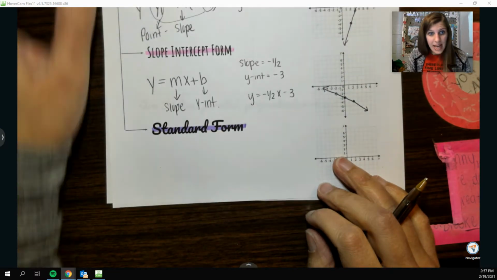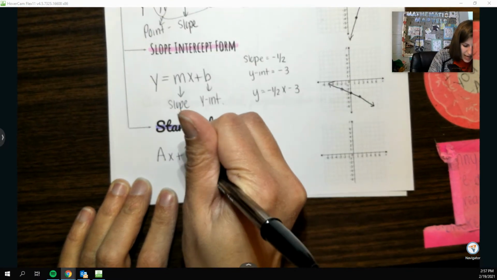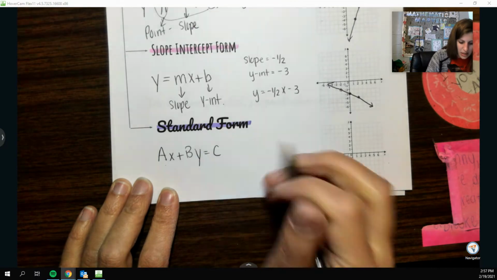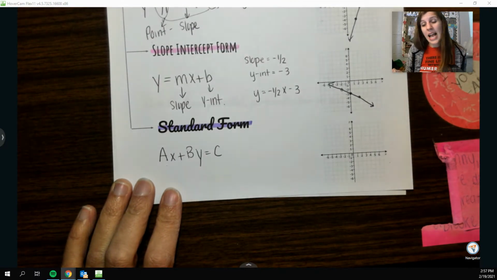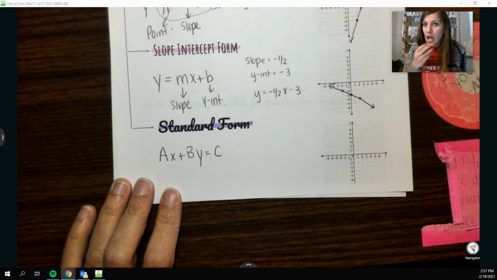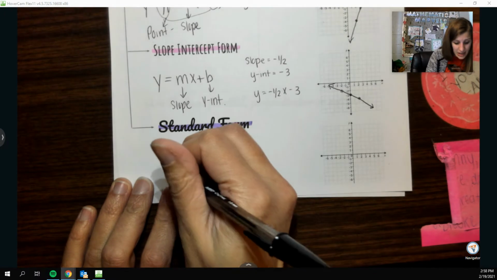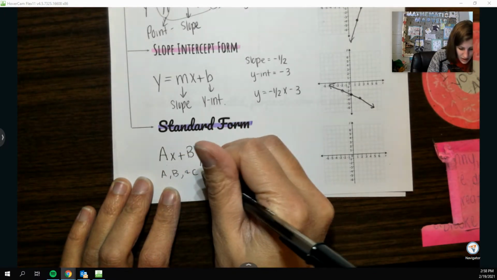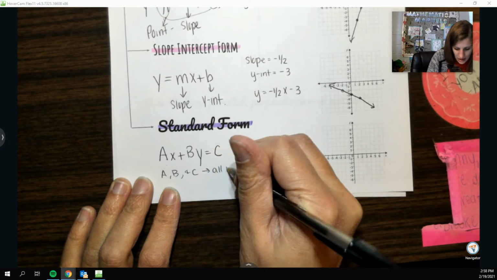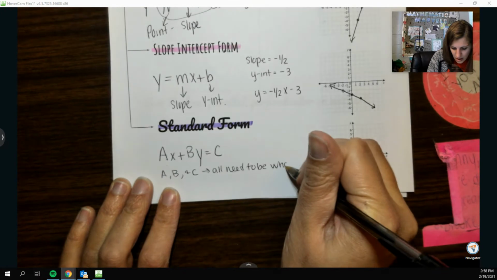Last form of the line that we had was standard form. That was ax + by = c. And unfortunately, the a, the b, the c, they weren't any useful numbers. But some of the things that we did have to be careful about here is that a, b, and c all need to be whole numbers.